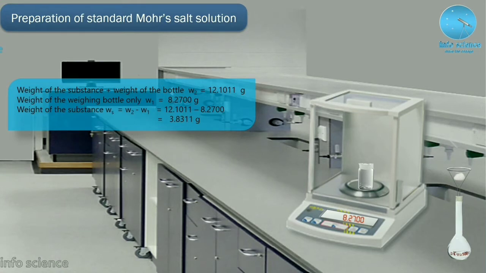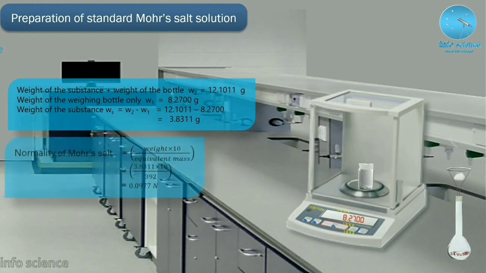Now we have to calculate the normality of the Mohr's crystals. The normality equals weight into 10 divided by equivalent mass. The equivalent mass of the Mohr's crystals is 392, and by substituting we are getting the normality as 0.0977 normal. This is the normality of the Mohr's crystals which we have taken for this experiment.